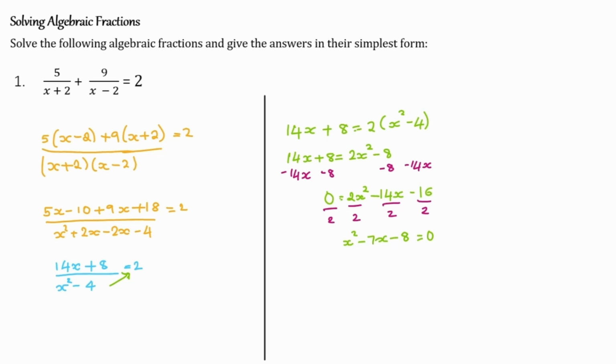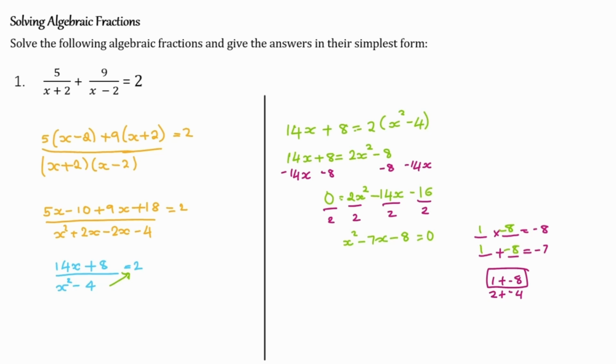So we need to look for two numbers that multiply to give us minus 8, and the same two numbers need to add to give us minus 7. So if we look at the factors of 8, we've got 1 and 8 and 2 and 4. But because we're adding to make a negative number, that means the bigger factors would have to be negative. And the factor pair that would work for us is 1 and negative 8.